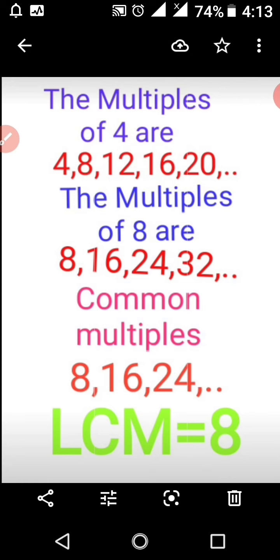The first one is the least one. Among these common multiples, identify the least one, nothing but the first one. This first one is our LCM. L means least, C means common, M means multiple: the least common multiple of the given numbers.